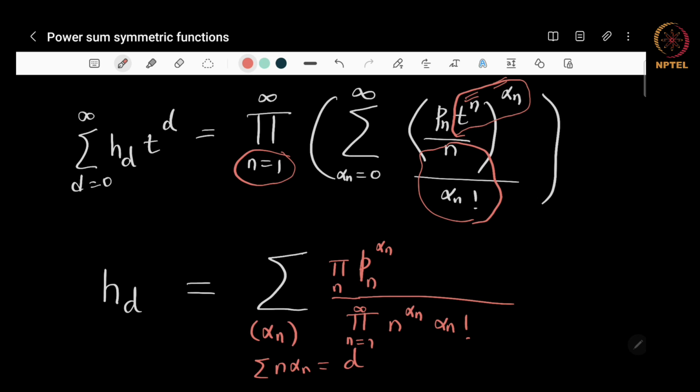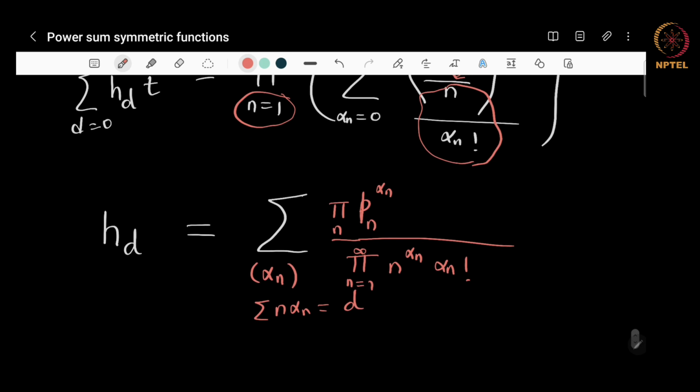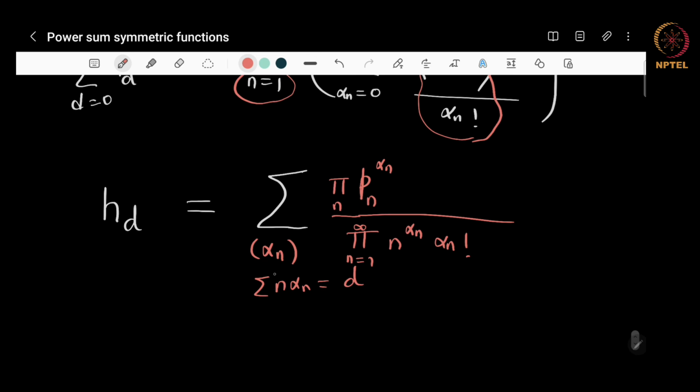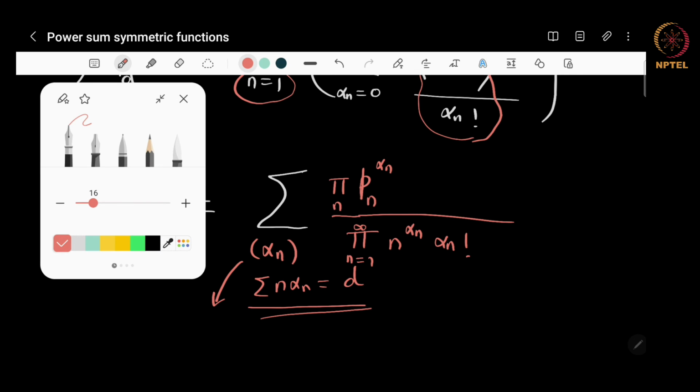If you see what we have done here, this is really the following. I'm going to think of the choice of alpha n, such that summation n alpha n is d, as being nothing but a choice of a partition.